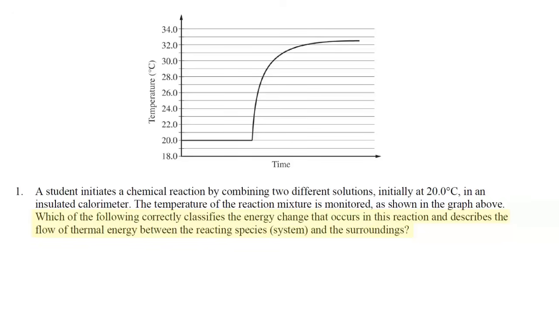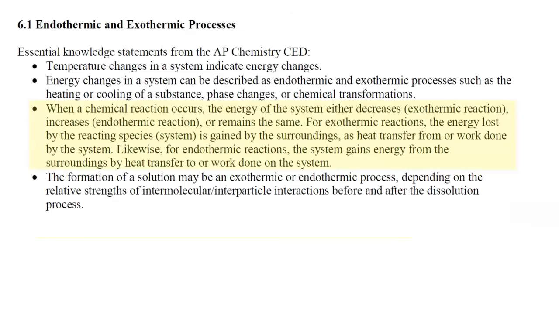So this question falls under topic 6.1, endothermic and exothermic processes. And on this slide, you can see that one of the essential knowledge statements is highlighted. It says, when a chemical reaction occurs, the energy of the system either decreases for an exothermic reaction, increases for an endothermic reaction, or remains the same.